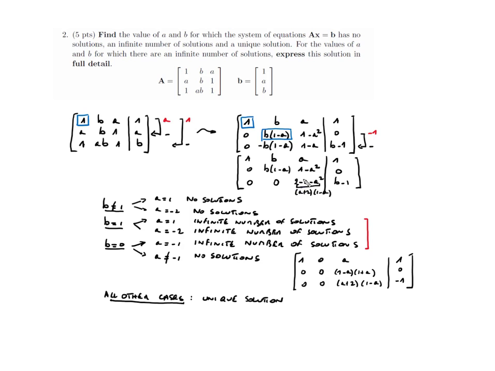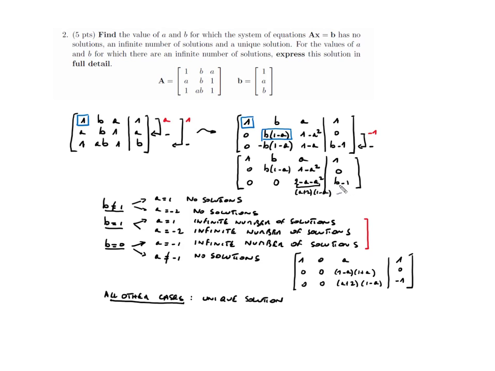So this one is 0 for a equal to 1 and a equal to -2. So b different from 1, a equal to 1, no solution, and b different from 1 and a equal to -2, no solutions.